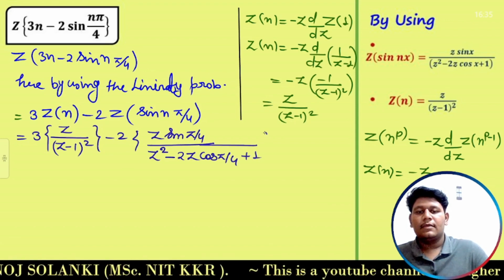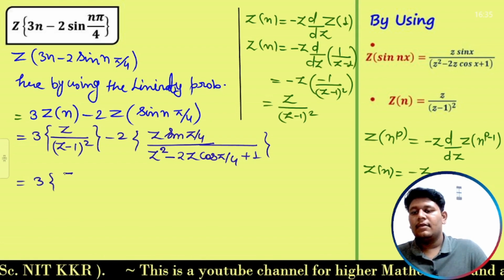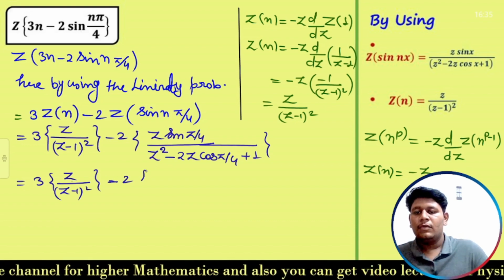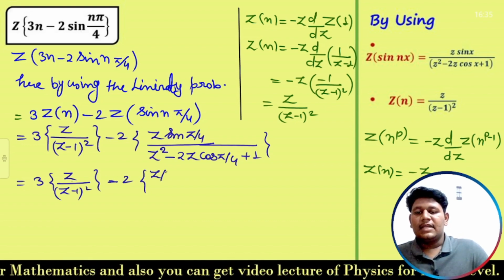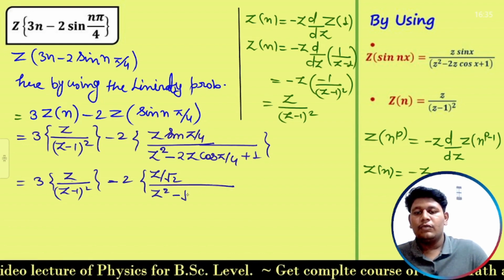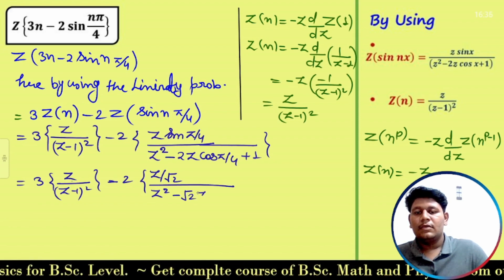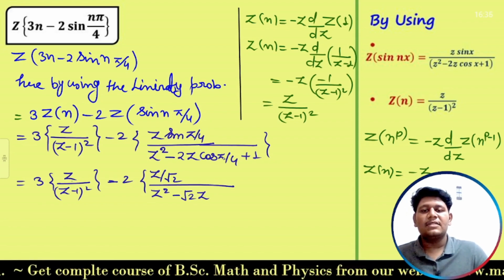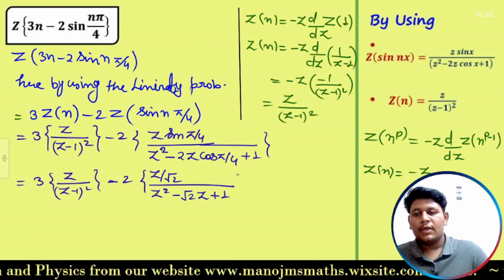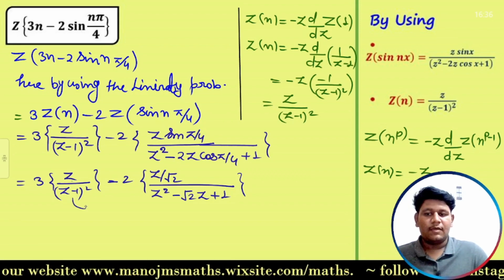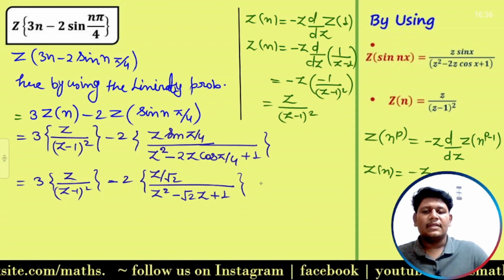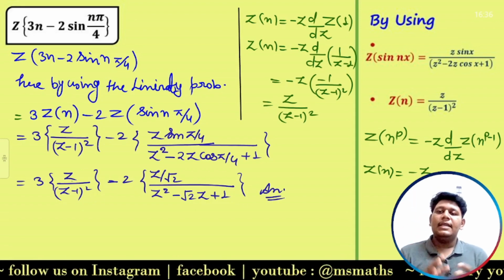So we can simplify this term. The value of sine pi by 4 is 1 upon root 2, so it is z upon root 2 over z square minus root 2 z plus 1, since cos of pi by 4 is also 1 upon root 2. Further you can simplify it, and I am leaving it here basically.